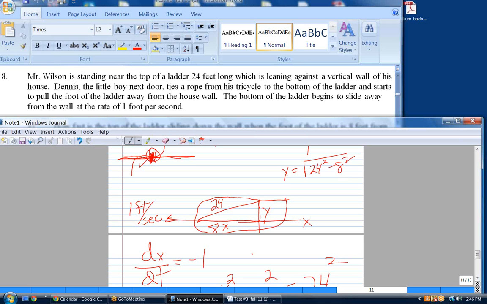It's 24 squared minus 8 squared. Oh, it's minus, not divided. So that's the square root of 512, about 22.